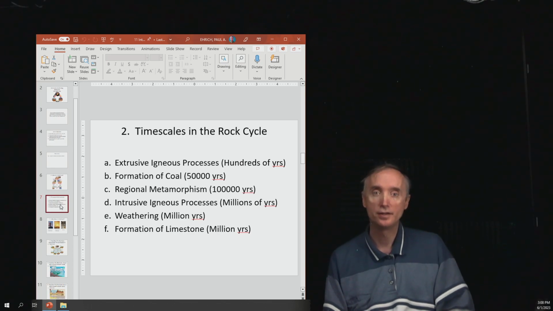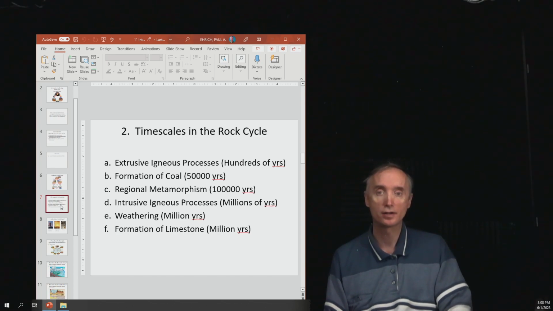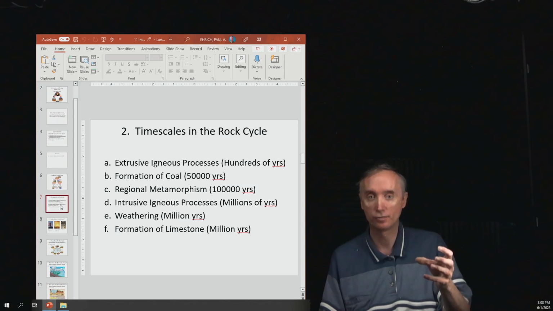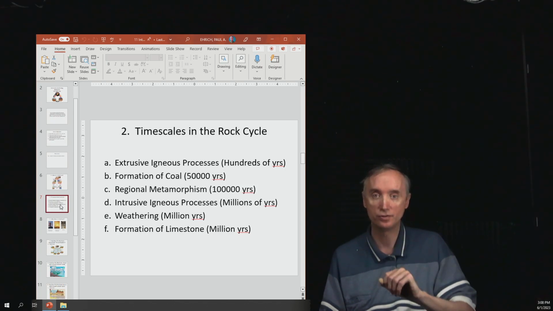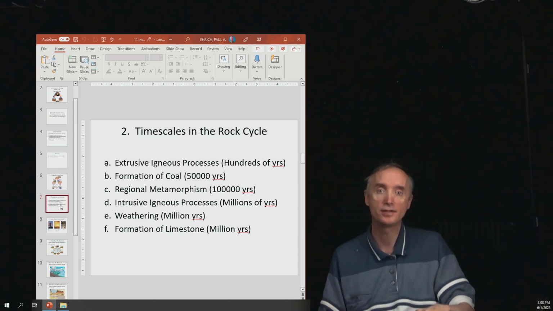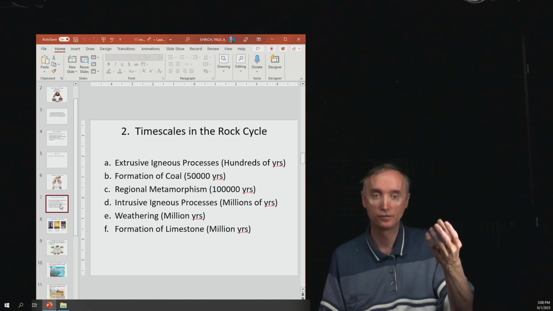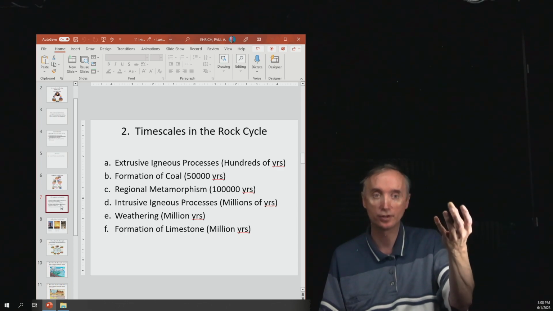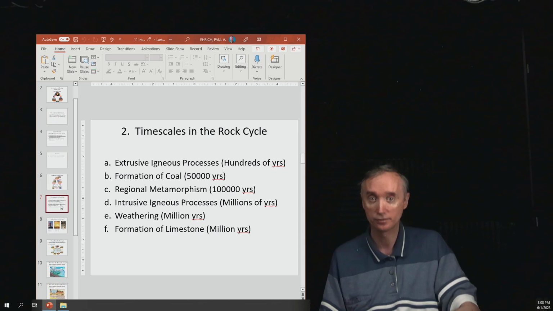Okay, another thing is time scales in the rock cycle. In general, it takes a long time to take one kind of rock and turn it into another kind of rock. It takes hundreds of years for a liquid magma to cool down and turn into an igneous rock.